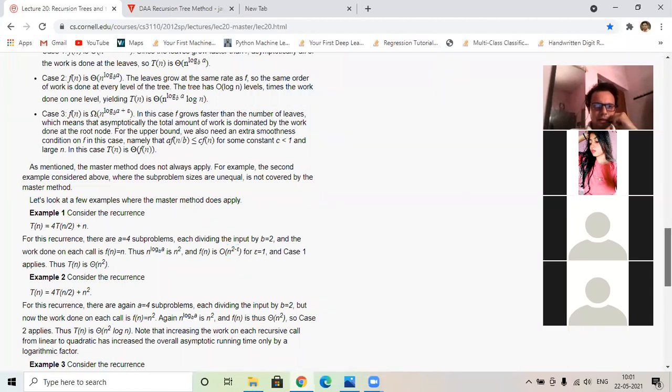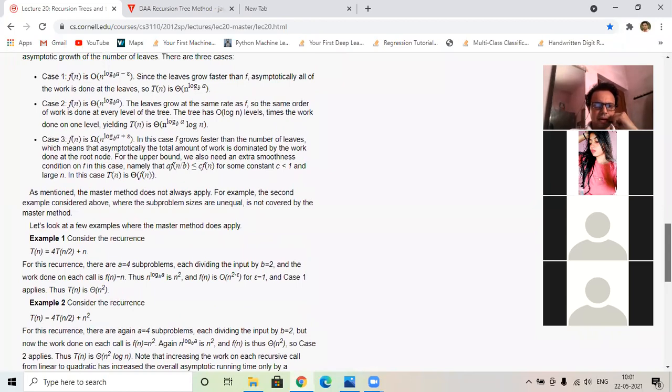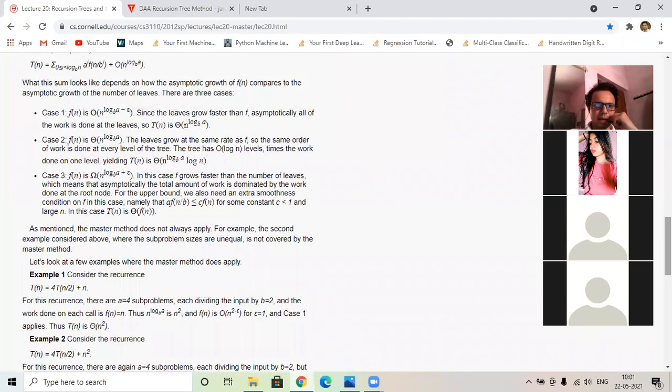So case 1 applies. Case 1 applies means the time complexity will be n to the power log A base B, that is theta of n square. Got it, everybody?